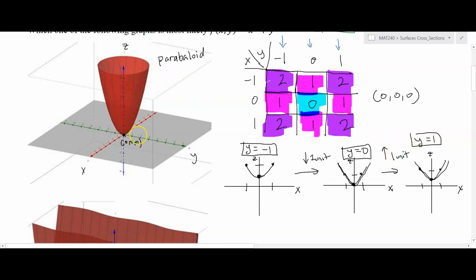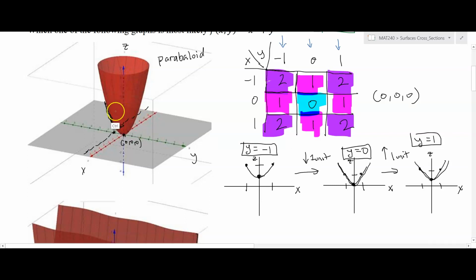So if we imagine what that might look like, well, where is y equals -1 on this graph? That's going to be back here. So if I fix my y value to be -1 and I look at the corresponding graph, what I should see is a parabola that is lifted off. I'm trying my best here to draw this perspective, and I'm clearly not very good at it.